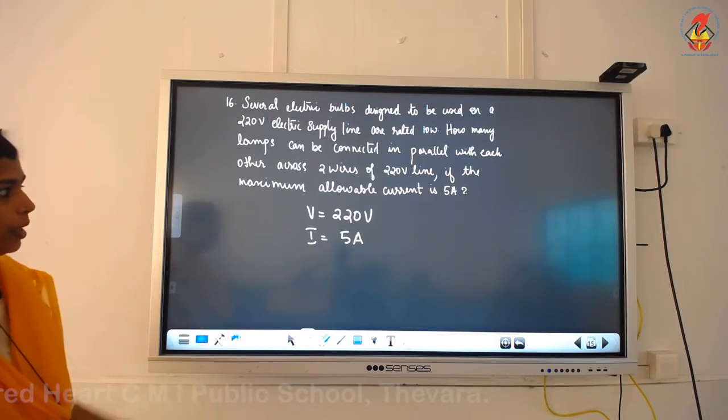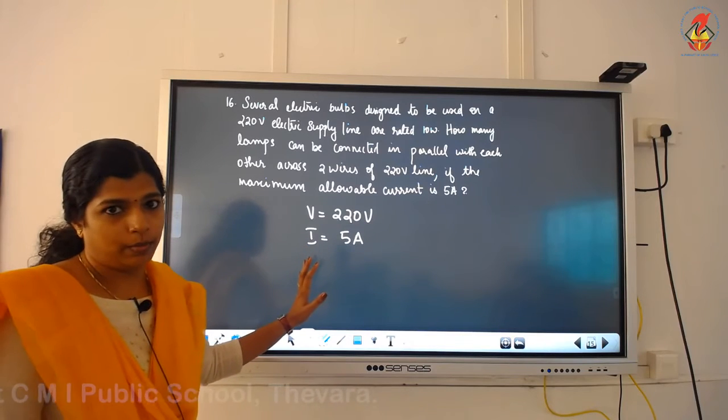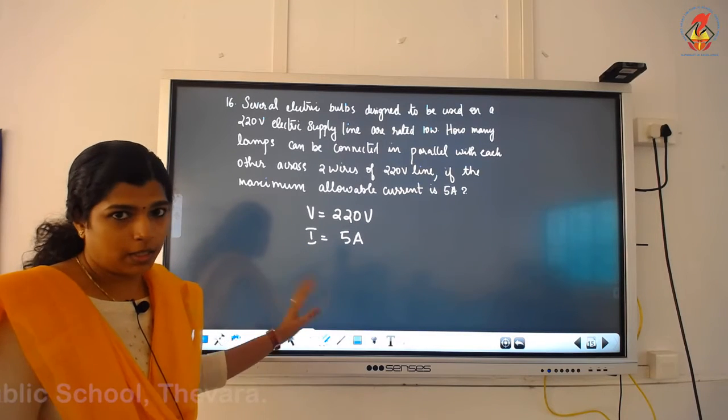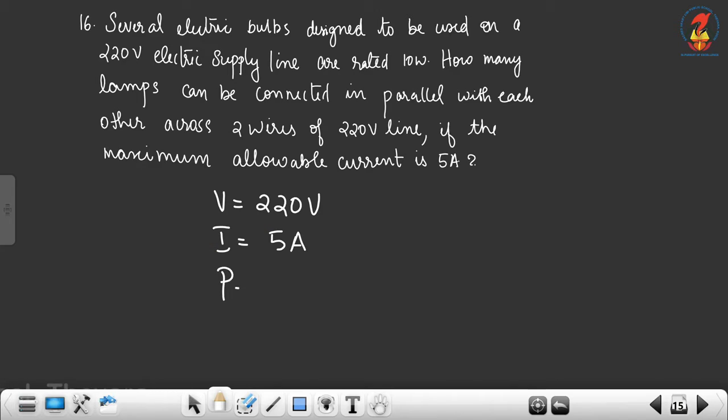So, we will find the maximum power of that circuit using the equation P equal to V I. Maximum power, that is 220 volt into 5 ampere.